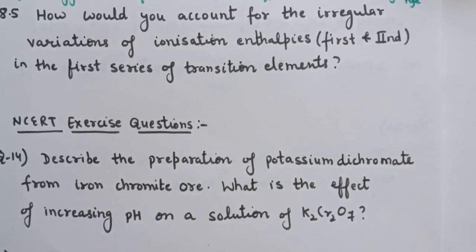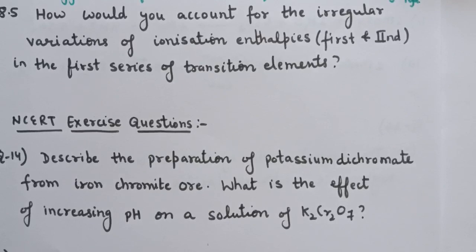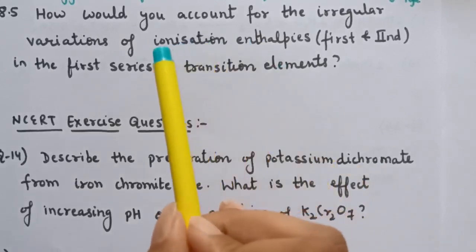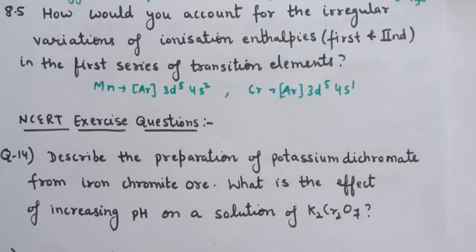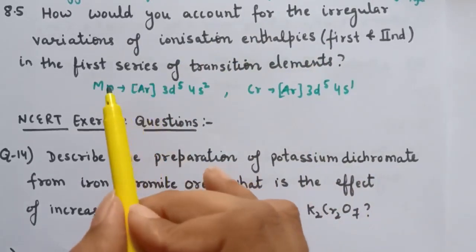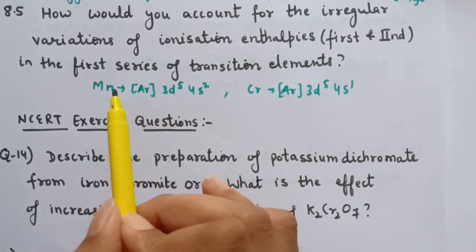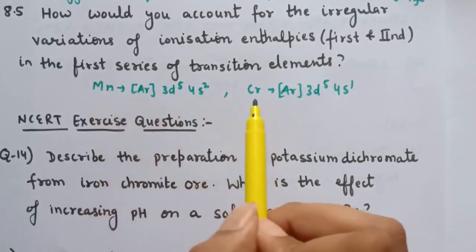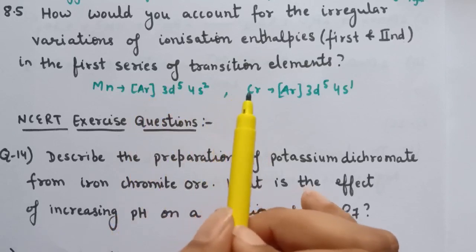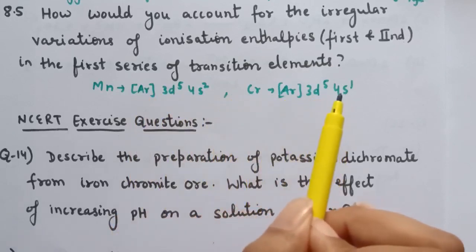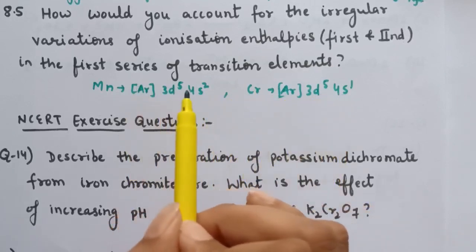That is, d0, d5 and d10 are exceptionally stable, and that is why we have variation in first and second ionization enthalpies. For example, here are two metals from the 3d transition series, manganese and chromium. If we compare the first ionization enthalpy, chromium has a low value as compared to manganese.